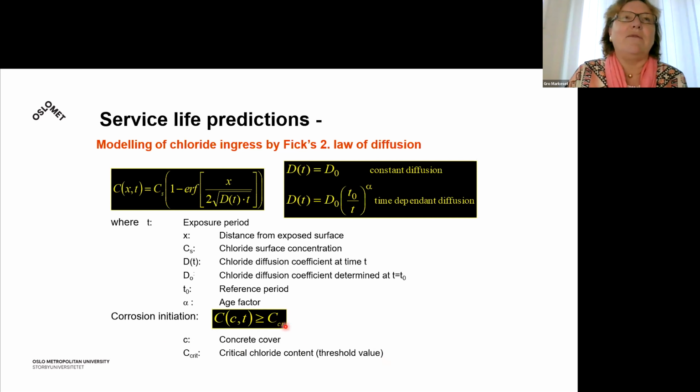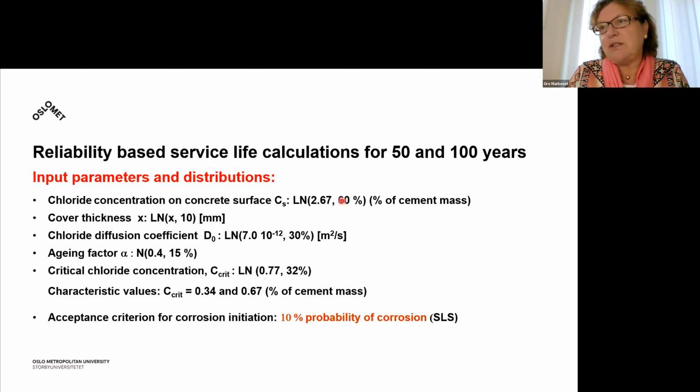So if we try to calculate what concrete cover is needed, if you have, for instance, 50 or 100 years service life, we can have input parameters as illustrated here. This is a typical value of the chloride surface concentration, at least based on a lot of quays and bridges in Norway. Here is the uncertain value of the needed cover to the reinforcement to reach the expected service life.